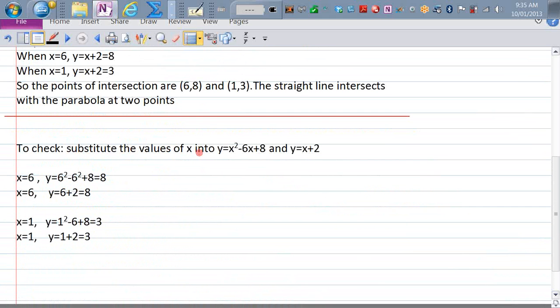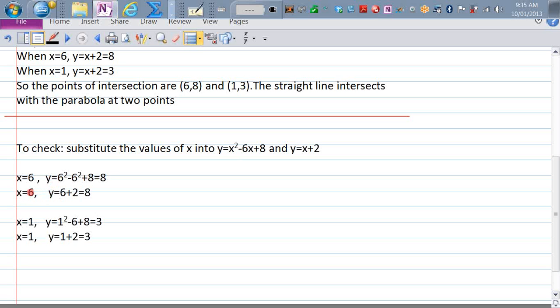To check, we substitute the value of x into both of these, and it should give the same result. When x is 6, y is equal to 6 squared minus 6 times 6, which is also 6 squared, plus 8. So these 2 terms cancel, and we get 8.